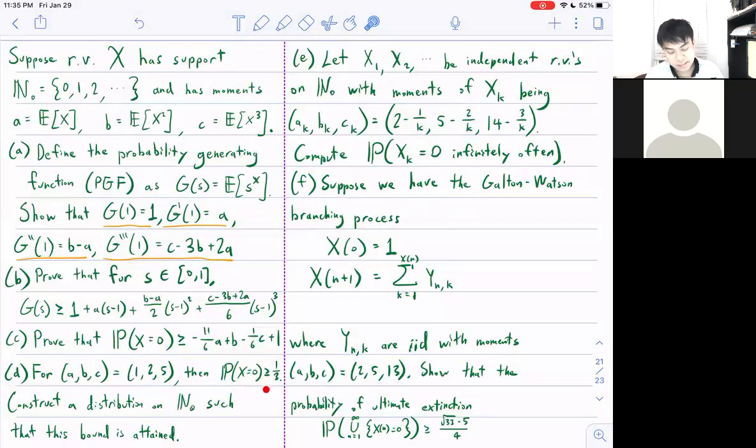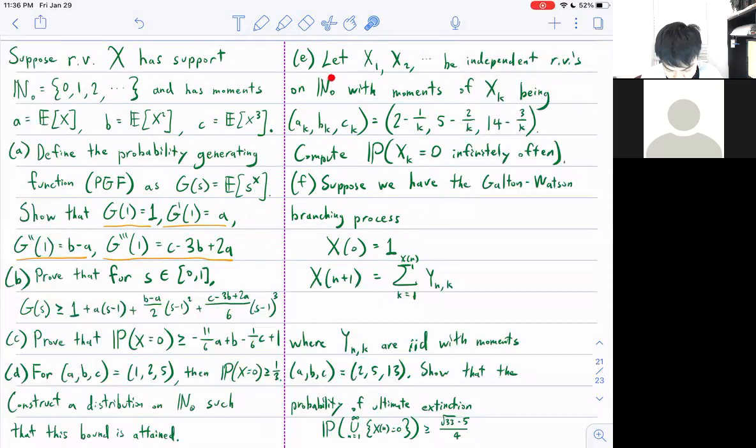Now I want to actually attain that bound. Give me a distribution on these natural numbers such that this bound is attained. This is a slightly more difficult problem than what the actual exam for the Harvard biostatistics students mentioned, because they were given a huge hint, which I'll present in the solution.